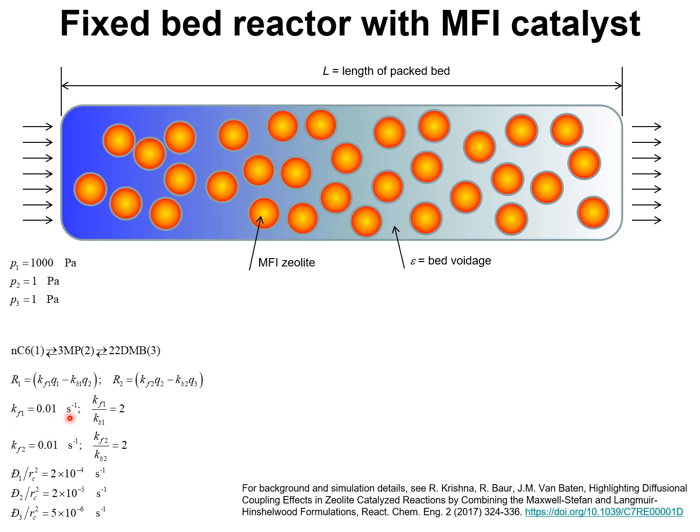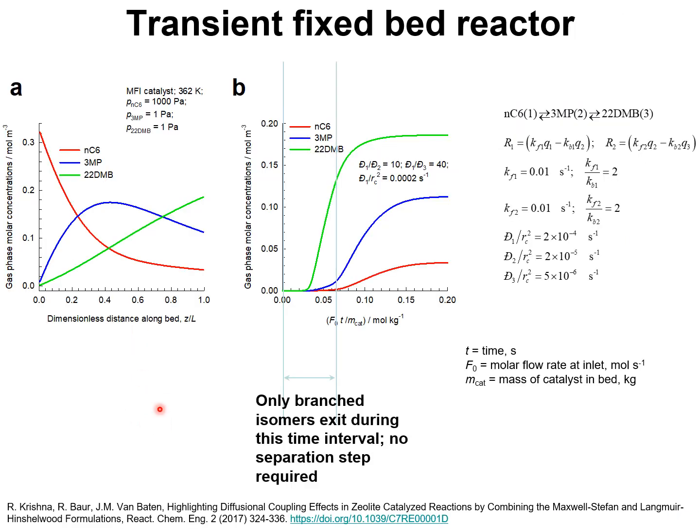We present in the next slide the simulation results for the data inputs as shown here. These are the simulation results for the gas phase concentrations at steady state conditions for the fixed bed reactor packed with MFI catalyst.